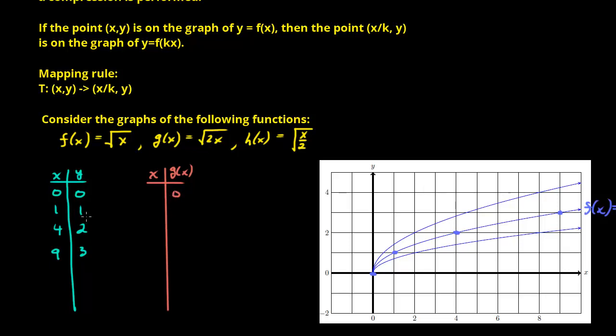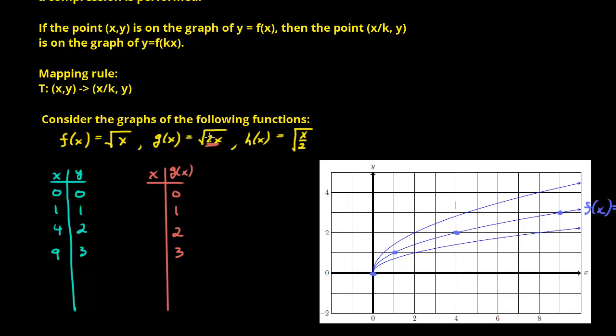When 2x is equal to 1, the function is going to output 1. When 2x is equal to 4, the function is going to output 2. And when 2x is equal to 9, the output will be 3. If I do the square root of 9, I get 3. If I do the square root of 4, I get 2. If I do the square root of 1, I get 1. And if I take the square root of 0, I get 0.